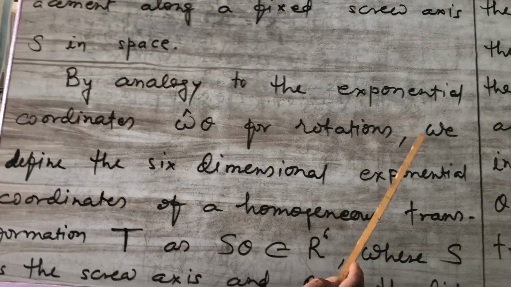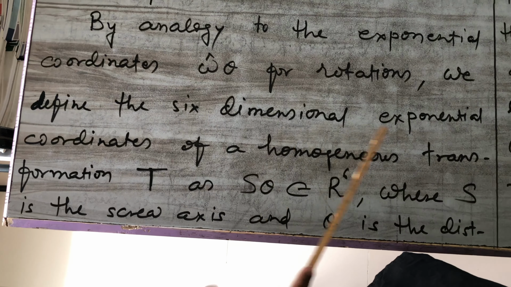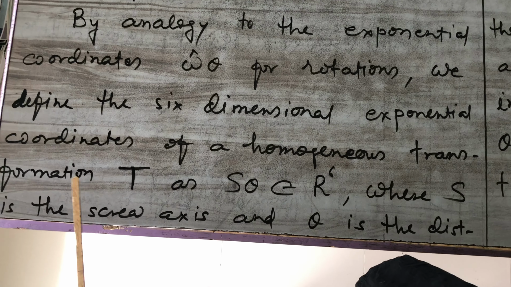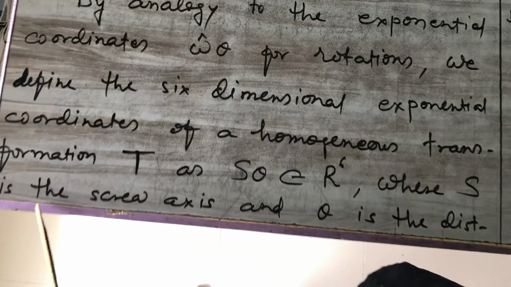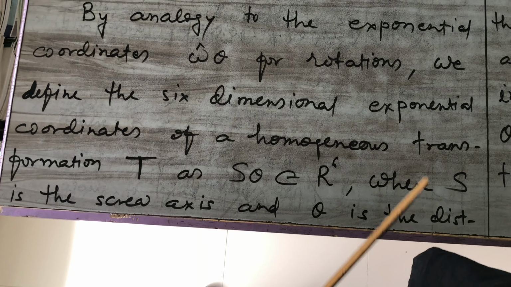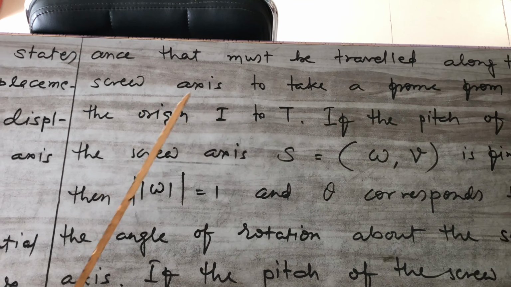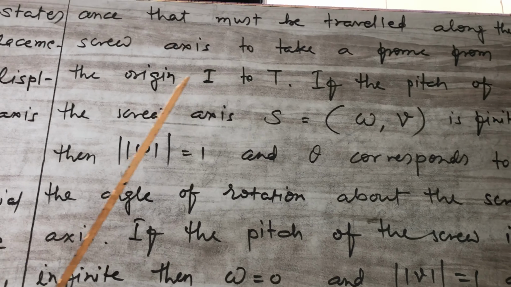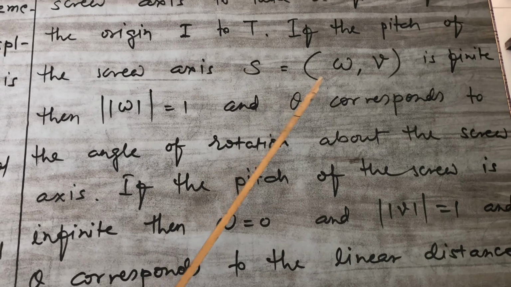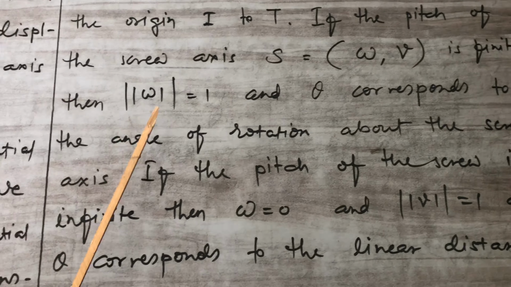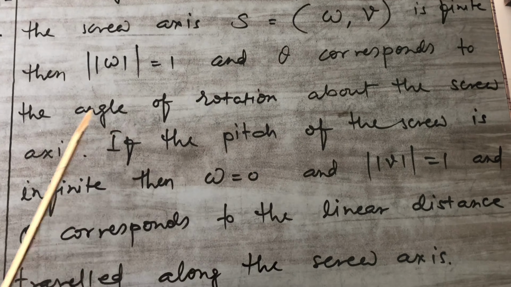By analogy to the exponential coordinates omega cap theta for rotations, we define the 6-dimensional exponential coordinates of a homogeneous transformation T as S theta belongs to R raised to 6, where S is the screw axis and theta is the distance that must be travelled along the screw axis to take a frame from the origin I, identity matrix, to T. If the pitch of the screw axis is finite, then mod of omega is 1 and theta corresponds to the angle of rotation about the screw axis.